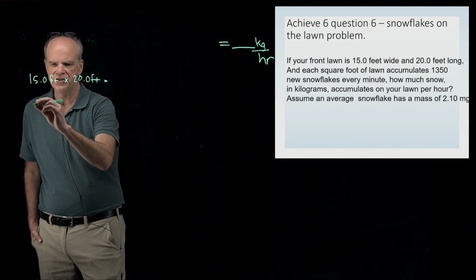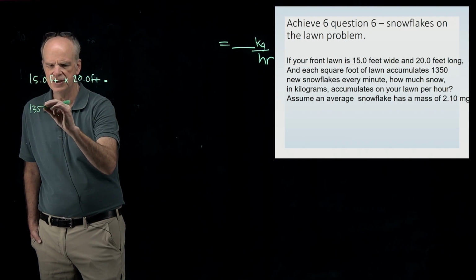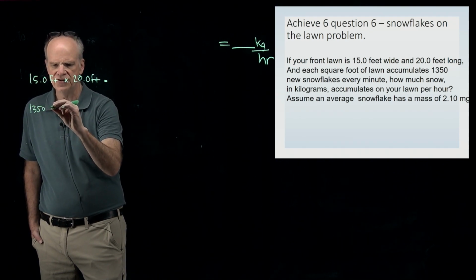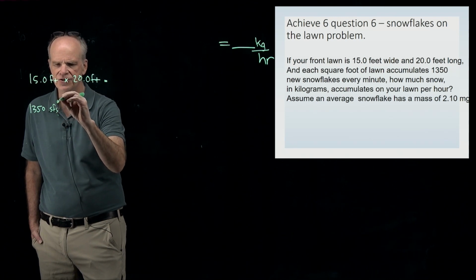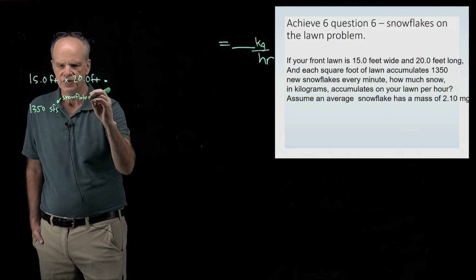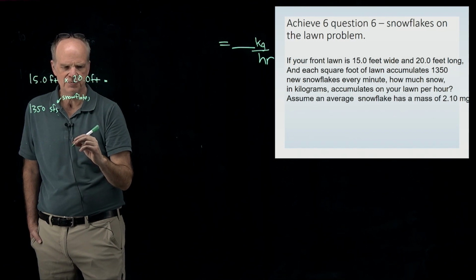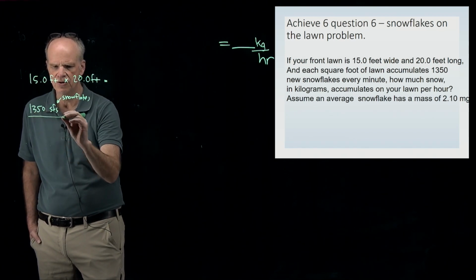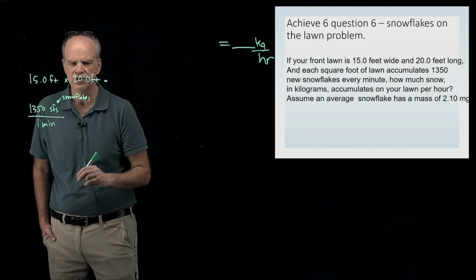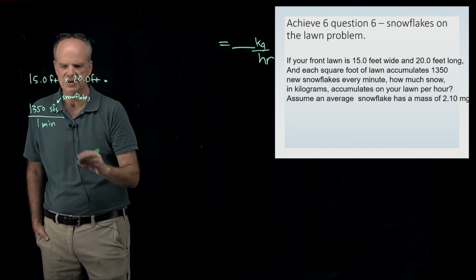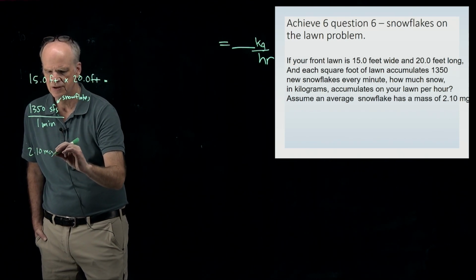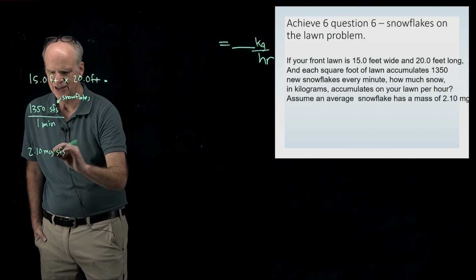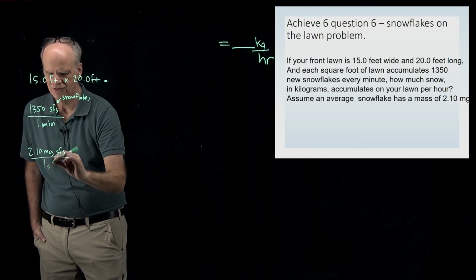So it says 1,350 snowflakes, and I'm going to abbreviate snowflakes SFS, so just know that this is snowflake. So it's 1,350 snowflakes per minute, okay? So over 1 minute. Okay, and then we're told the mass of every snowflake is going to be 2.10 milligrams of a snowflake for every one snowflake.